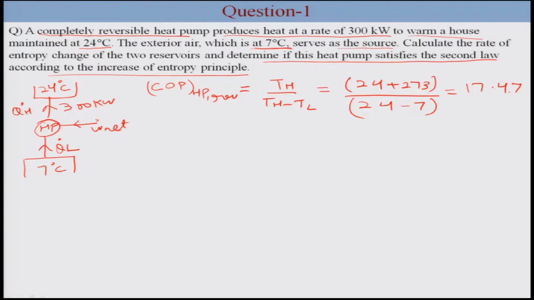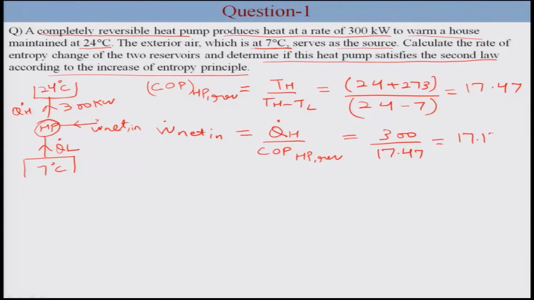Now, the power required to drive this heat pump is W net, and this is equal to QH dot divided by COP of this reversible heat pump, and this is equal to 300 divided by COP, which is 17.47, and comes out to be 17.17 kilowatt.